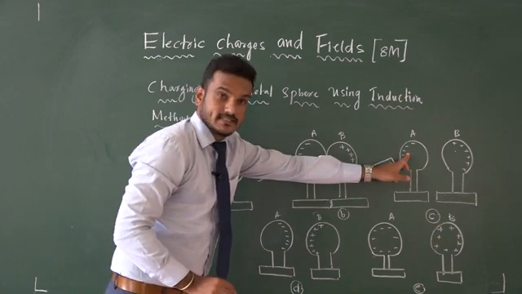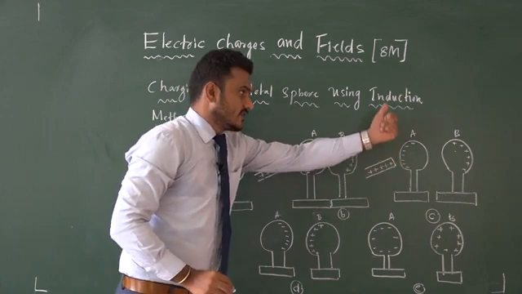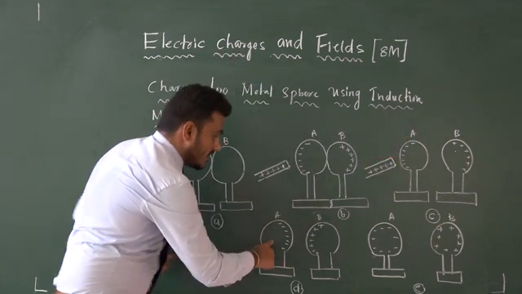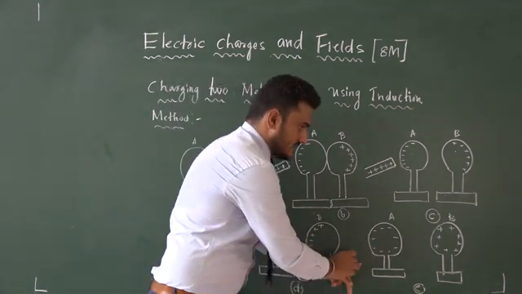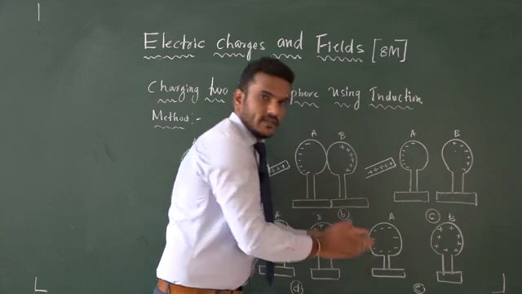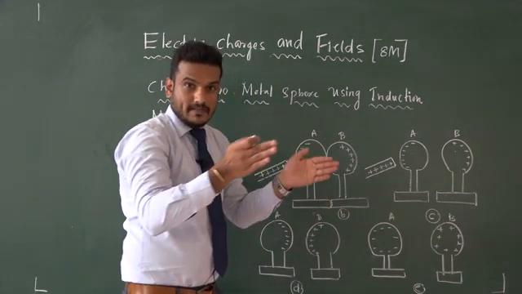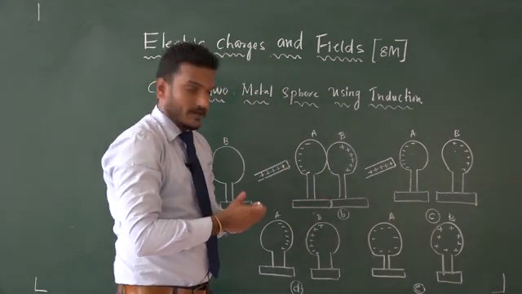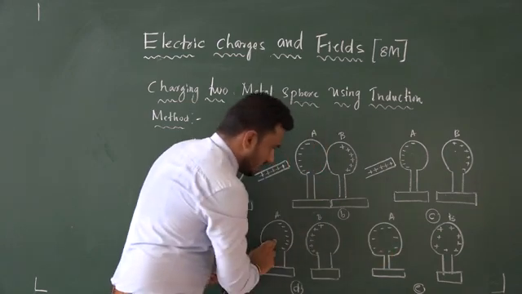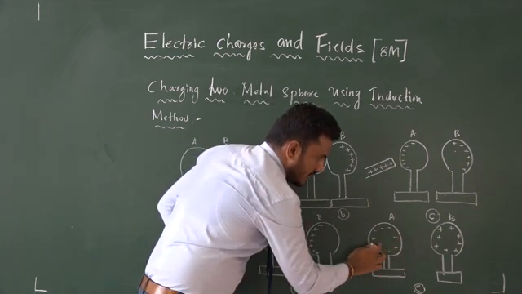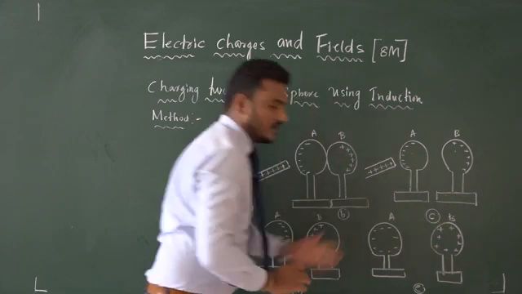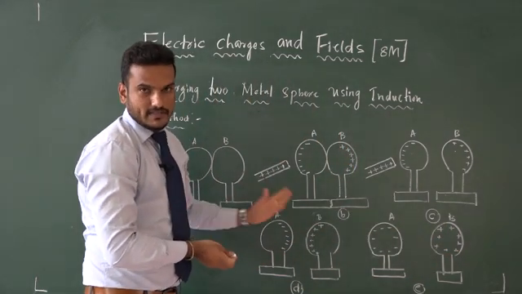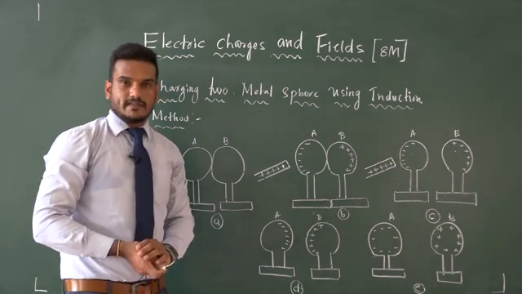If you remove it, the charges in metal sphere A as well as metal sphere B rearrange like this. Now in the last case, these two metal spheres are separated widely. Now the negative charge is distributed on A like this, and the positive charge is distributed on metal sphere B like that. So this is charging by the induction method.